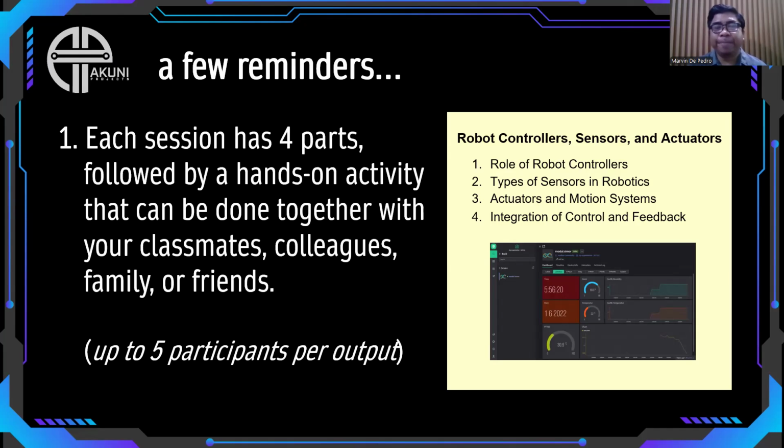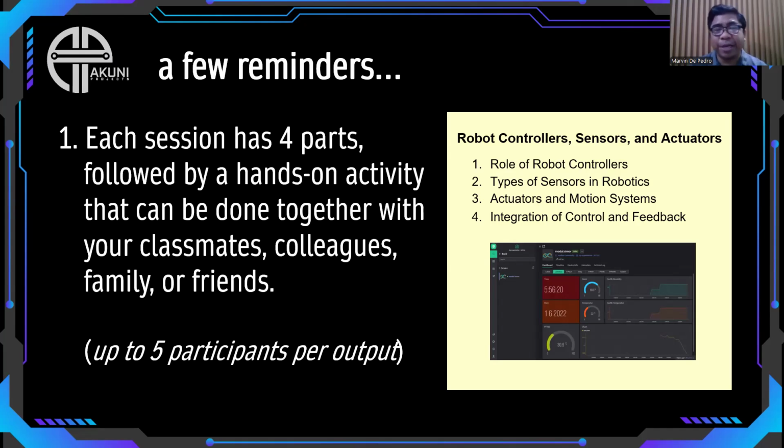And on the second part of this session, we're going to have a quick demo on the corresponding activity for this session. Right. So regarding the activity, please note that it's okay to share it with your classmates, or it's okay to have the same output with your classmates, colleagues, family, or friends.